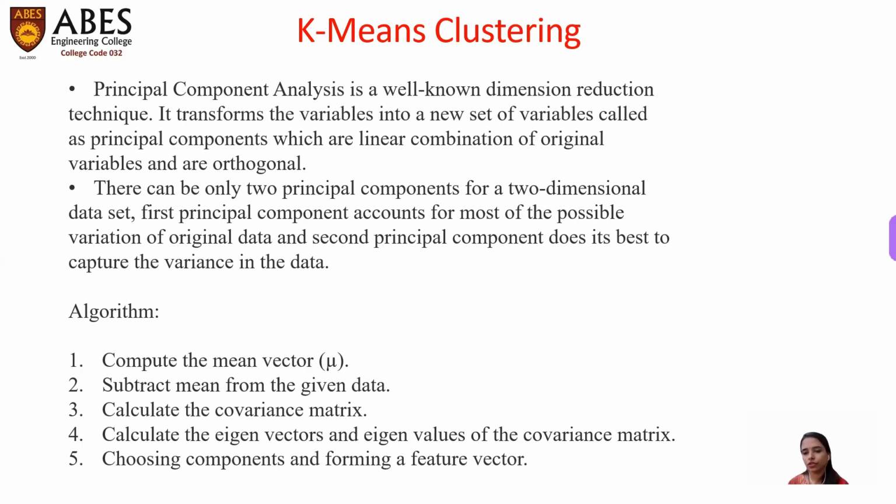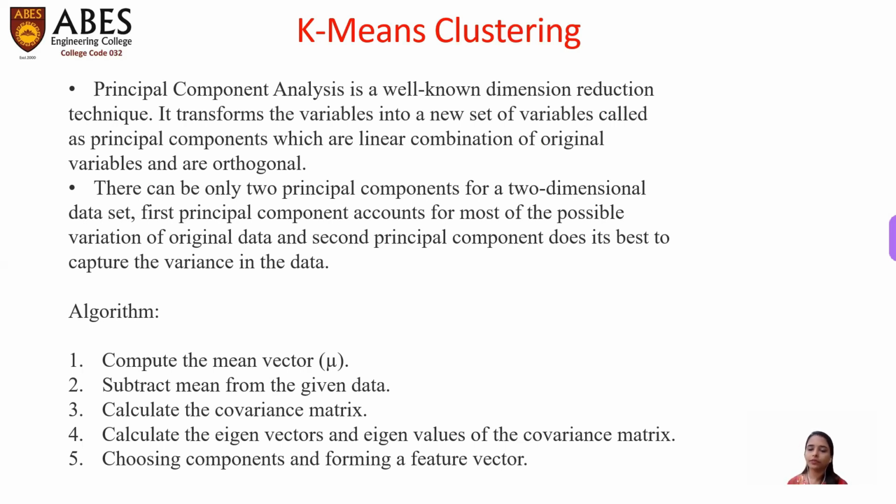So for calculation of the mean value, we add x1 plus x2 divided by 2, y1 plus y2 divided by 2. This is the process of calculating the mean, and we can calculate the mean of n number of data points. After that, we need to subtract the mean value from the given data.